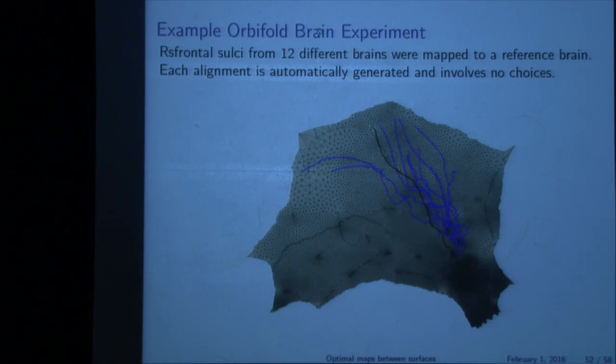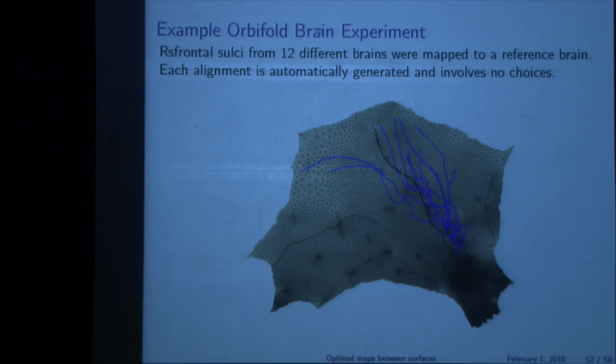So this was an example of an experiment we did. We mapped 12 different brains onto one brain, and we aligned the 12 by this Dirichlet energy minimizing map, and we saw how the different sulci align. These 12 different blue curves represent the sulcus corresponding to this black curve here on 12 different brains.